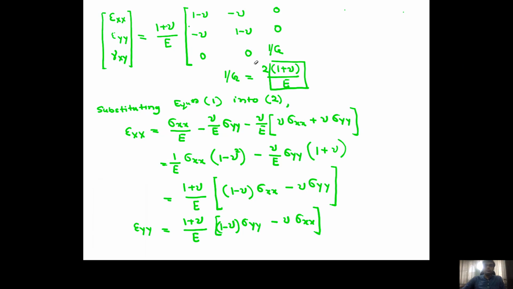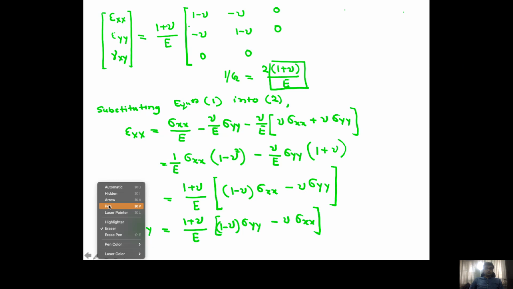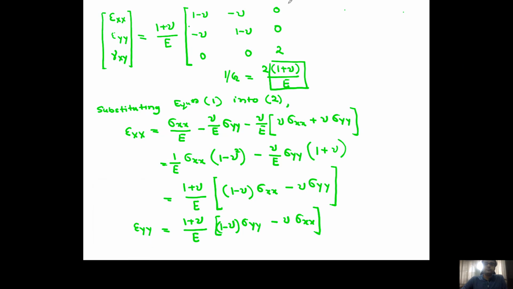So that makes this term 2. And then we have sigma xx, sigma yy, and tau xy.